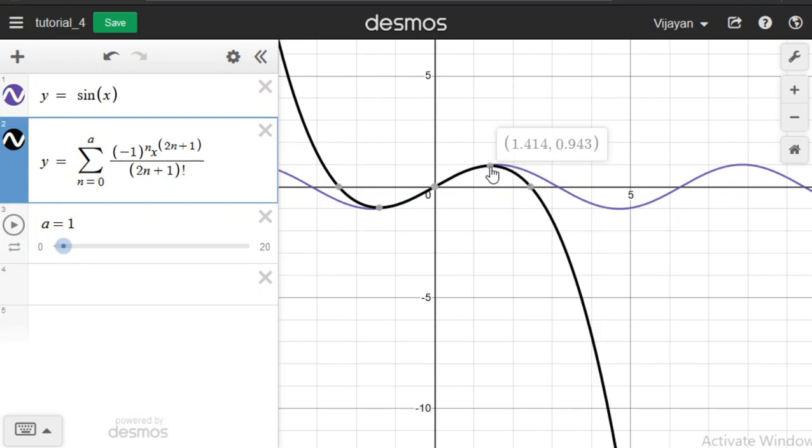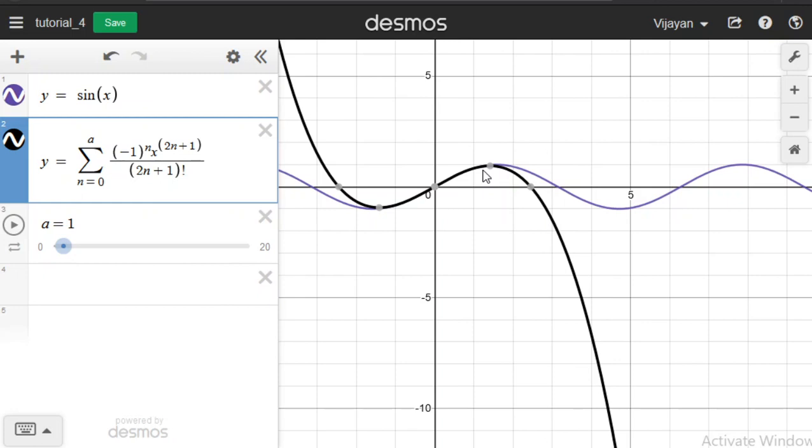That is, the approximation range is so small, and after this range you see how the Taylor series function is getting deviated from the main sine function. So in order to increase the range of approximation, we add more and more terms to the Taylor series expansion of the sine function.